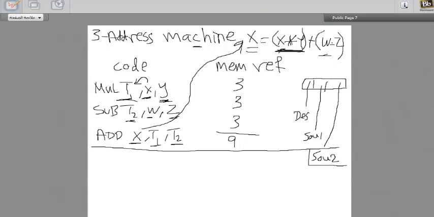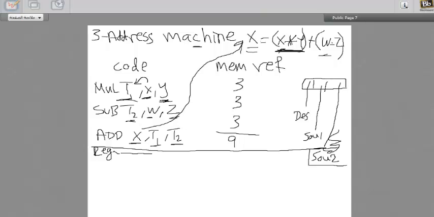Now we can reduce this by using the registers. With registers, we use R's instead of the T, just to represent a register.